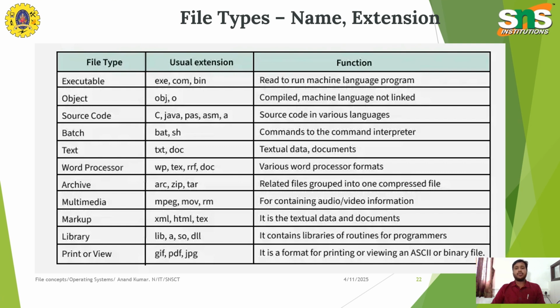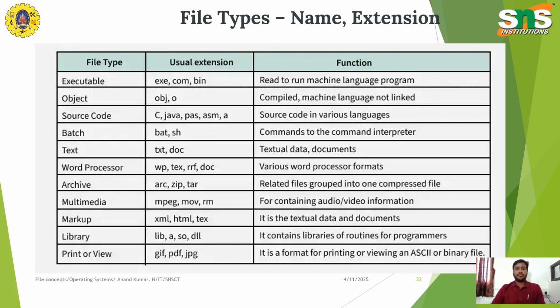It is compiled to machine level language, but not linked like the executable statements. And of course, the executable statements have the executable file type with an extension of .exe. The source code has an extension of .c or .java, I mean to say any programming language. And the batch file has .bat and .sh, and it gives commands to the command interpreter.